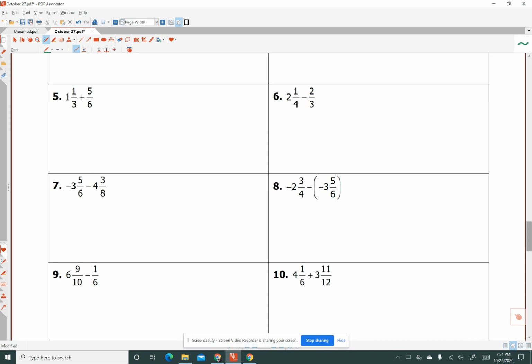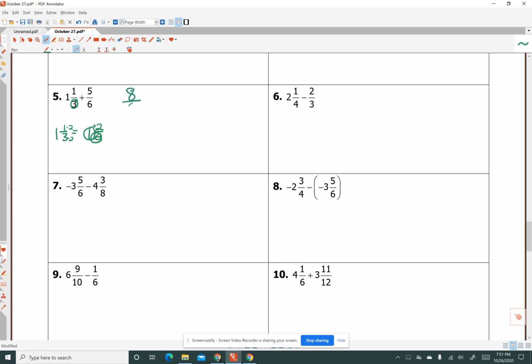Number 5, we need sixths. So if we turn this into sixths, 1 1/3 would equal 1 2/6. 3 times 2 is 6, 1 times 2 is 2. Now let's turn that into a mixed number. 6 times 1 is 6, plus 2 is 8.